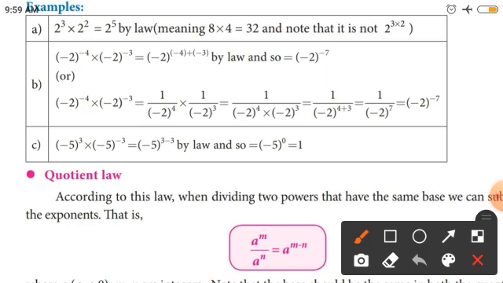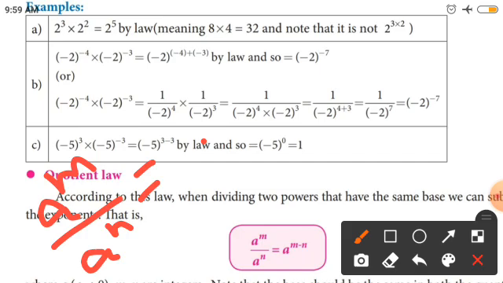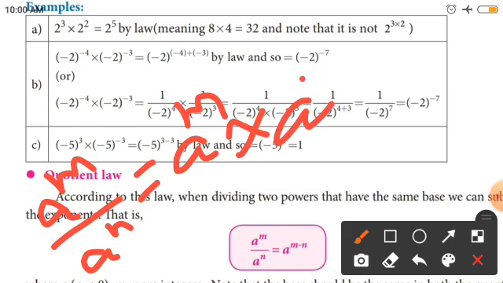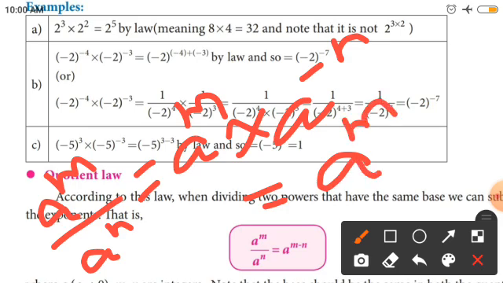That is, a power m by a power n is equal to a power m into a power minus n, that is equal to a power m minus n. Okay, this is the quotient law.